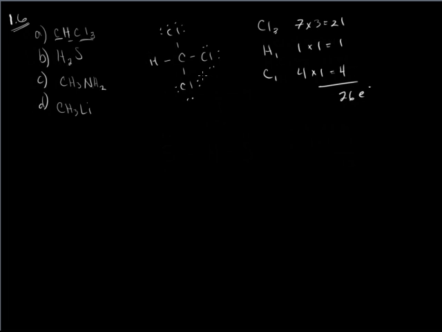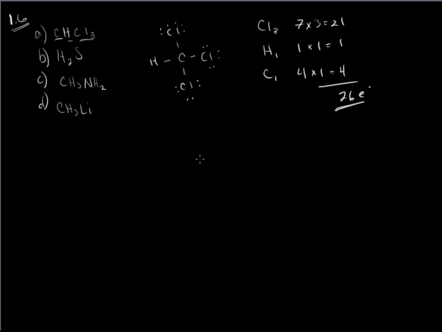Well, let's do the math. Let's count them up. We've got 2, 4, 6, 8, 10, 12, 14, 16, 18, 19, 20, 21. This hydrogen makes for 22, and this carbon makes for 4 more, 1, 2, 3, and 4, and we get our 26 electrons. Very good.